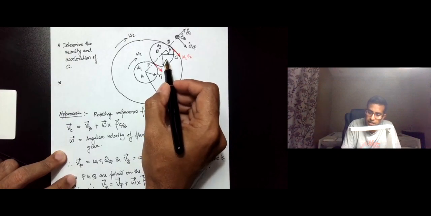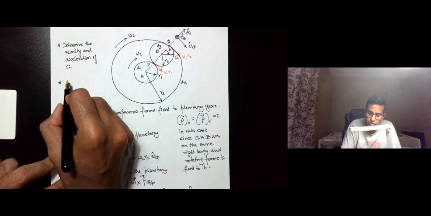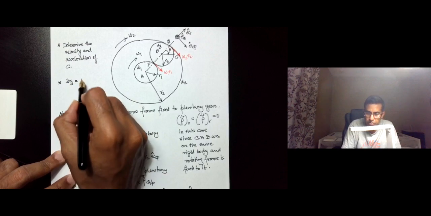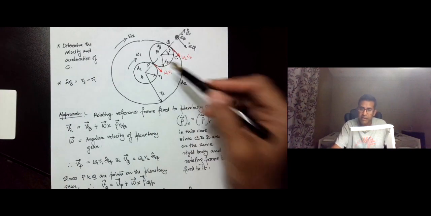Now we make a note here also that 2r3 is equal to r2 minus r1. So r3, although we have given a variable name for this, the radius of the planetary gear can really be determined from the radius of the sun gear and the radius of the ring gear, and that's the relation.